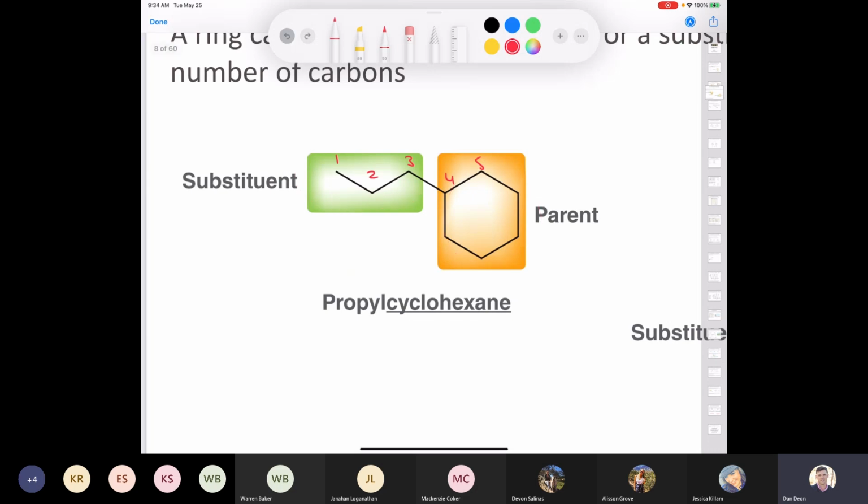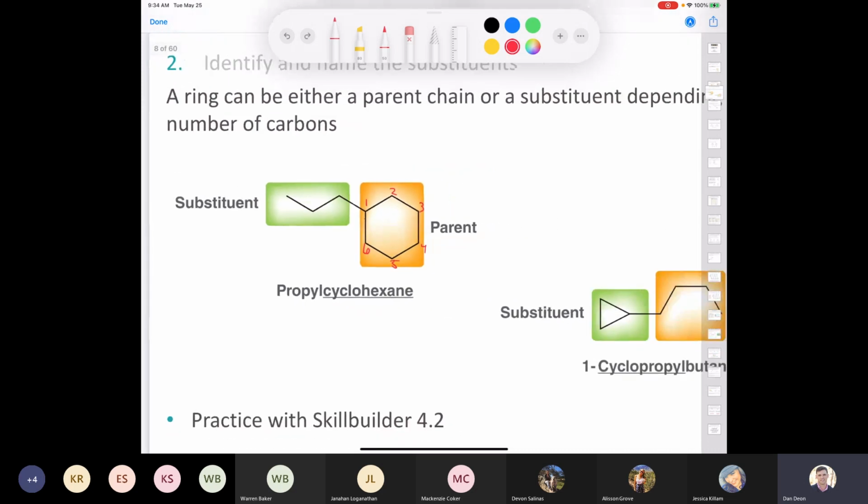To find the longest carbon chain here, we have 1, 2, 3, 4, 5, 6, and you can't double over this. You can't go 7, 8. No, you can't do that. So the longest chain here is 6 carbons in a cyclic structure. So that's a cyclohexane. So you have a propyl group here. So the name of this molecule would be propyl cyclohexane.